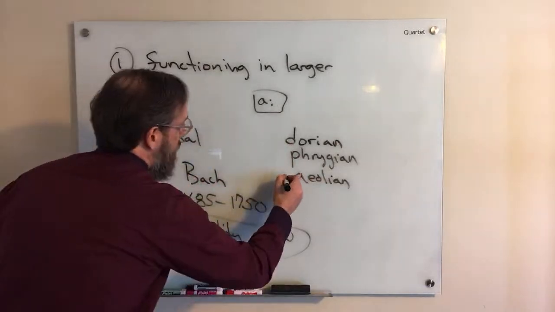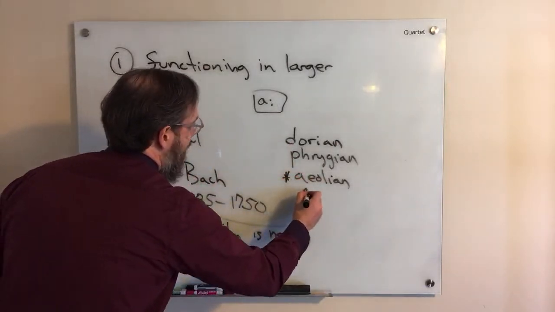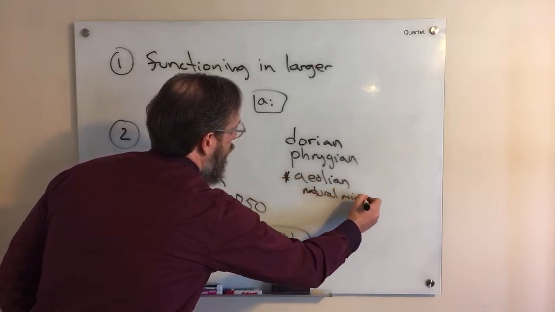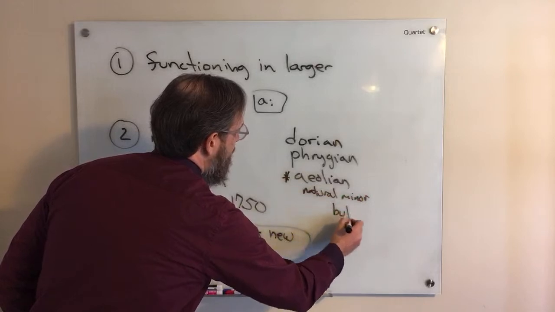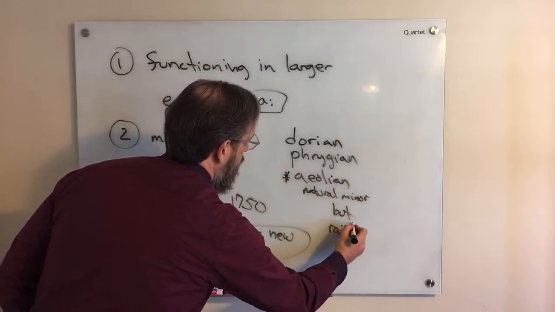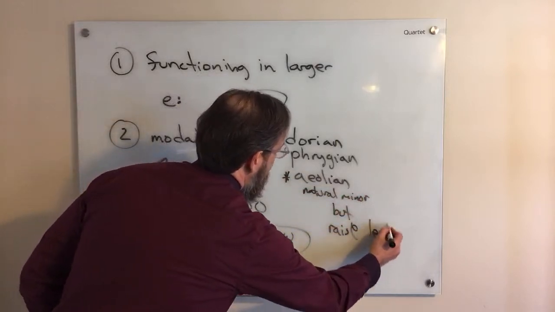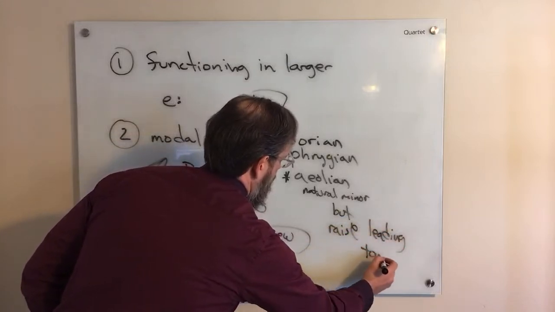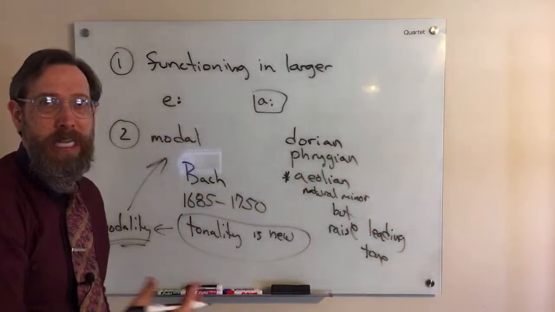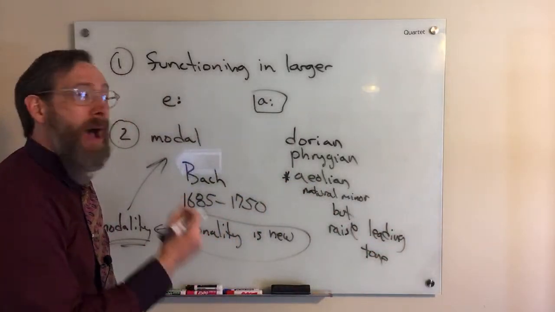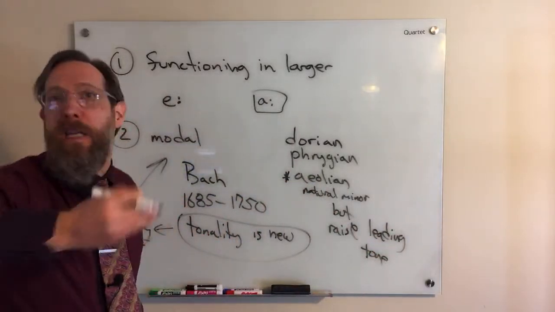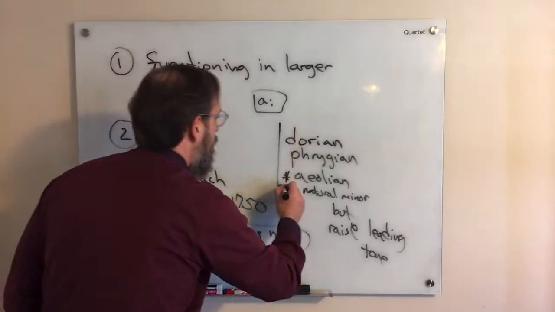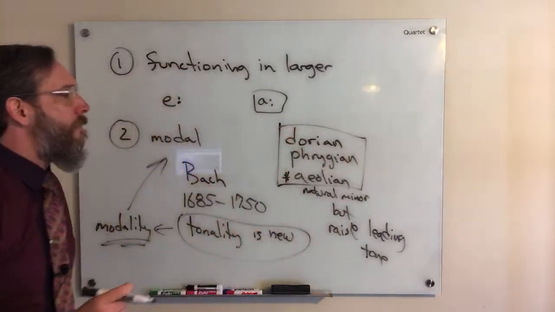It's closest to Aeolian, which is called the natural minor, but we raise the leading tone, and it doesn't do that in Aeolian. Aeolian strictly is just the natural minor scale.